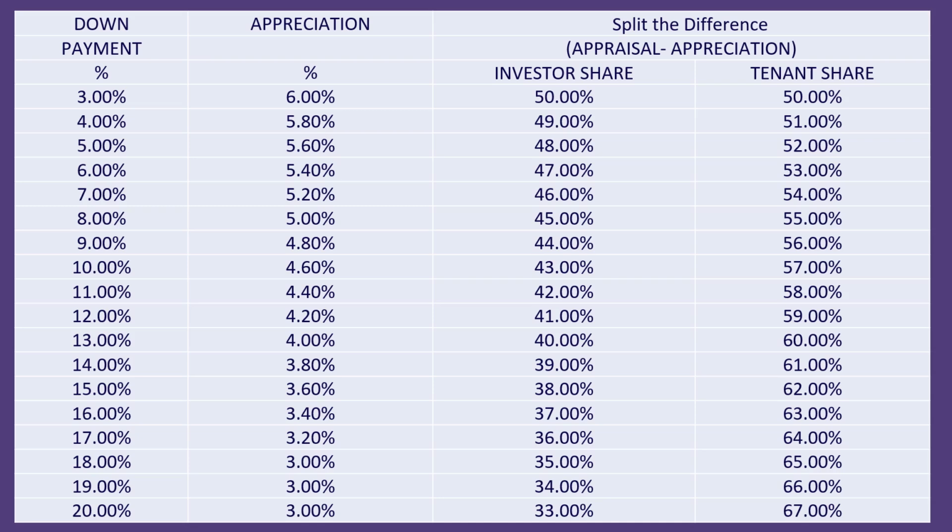And the next difference is the split of the difference between the appraisal value and the appreciation value. Let's say a tenant buyer is buying a property for $400,000. After 3 years, the purchase value is $480,000.